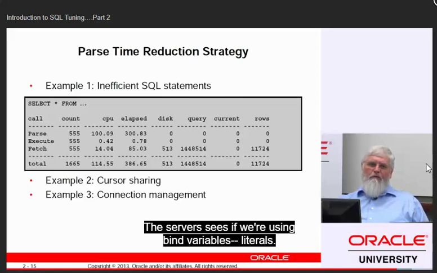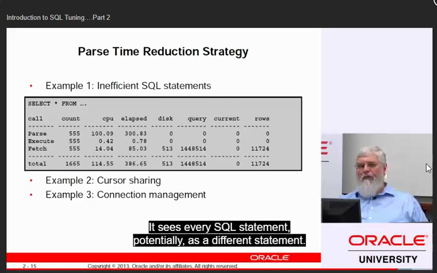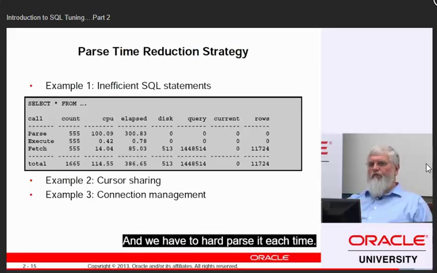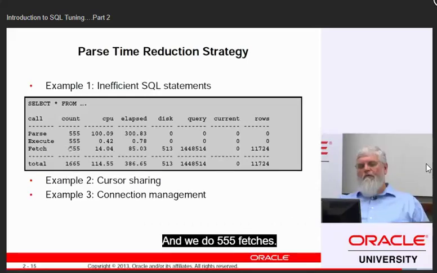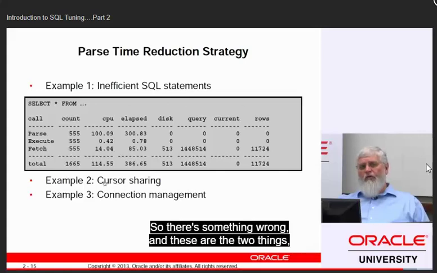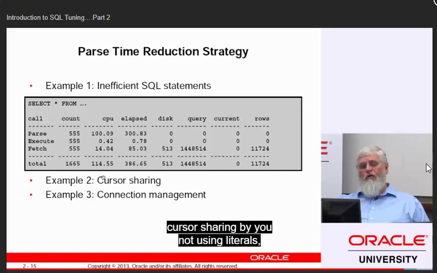That increases the cost of parsing because we no longer do a soft parse every time, we have to do a hard parse. And we do 555 fetches. So there's something wrong, and these are the two things. Cursor sharing: using literals instead of bind variables. With bind variables, we see it as one statement, with one execution plan that many people can execute. Or not using connection pooling.